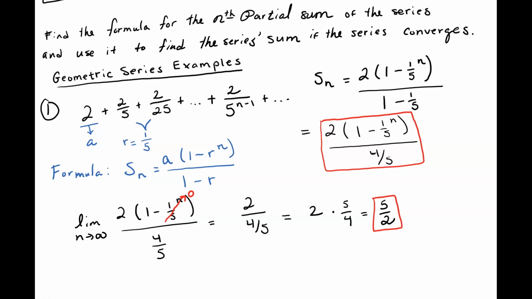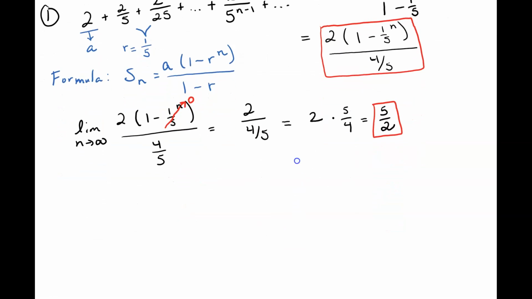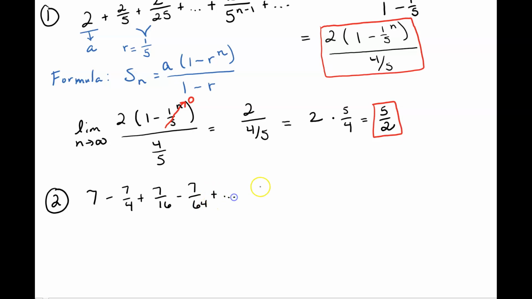Okay, so let's go ahead and take a look at another example. And we're going to see here on this one that I'm going to call number 2. I have 7 minus 7/4 plus 7/16 minus 7/64, and so forth and so on.